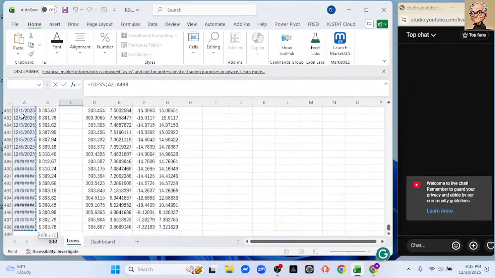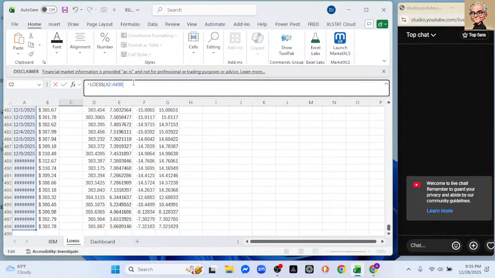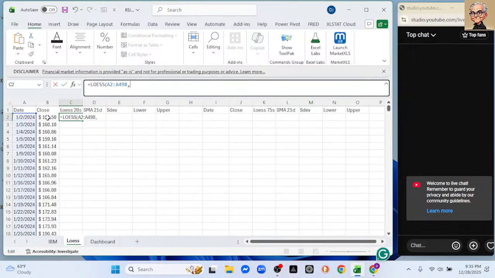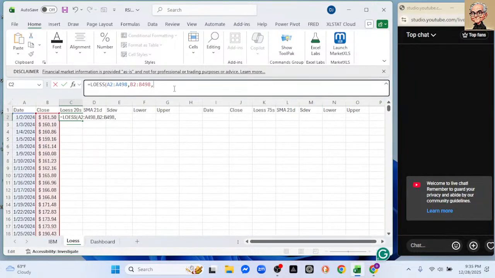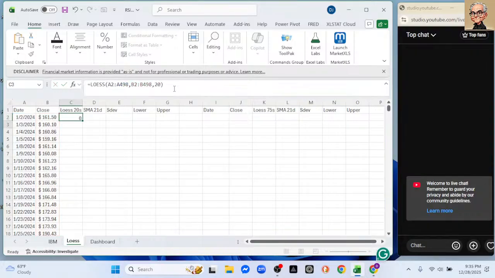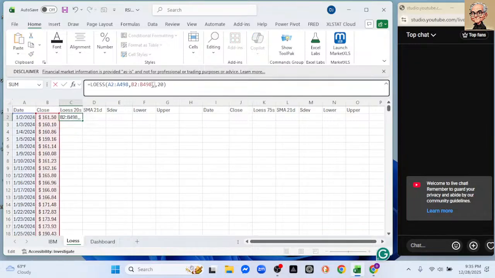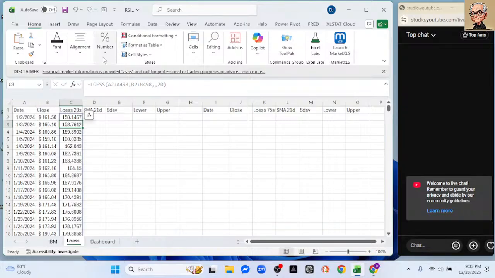The first column in our case is the date, and the second one is the price. Then you come back up here, I think it's either one or two commas, and enter a value up here. Let's start with 20. Okay, so that's not right. Yeah, so now we've got the 20.